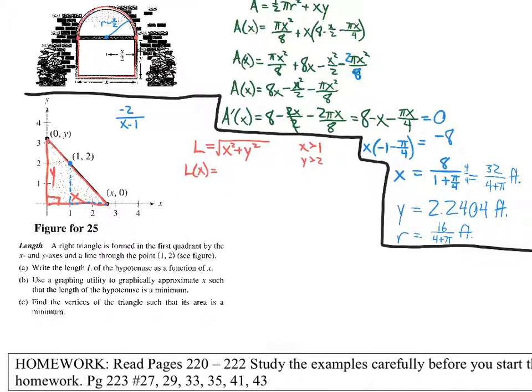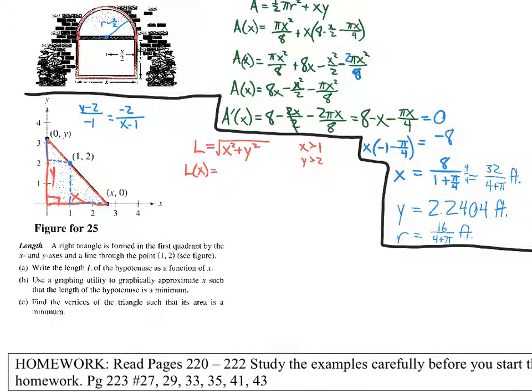Alright? However, we can also represent the slope going from this point 0, y over to the point 1, 2. And in that case, we have y minus 2 over 0 minus 1. Okay? Now this is important because now we have an equation with x and y.